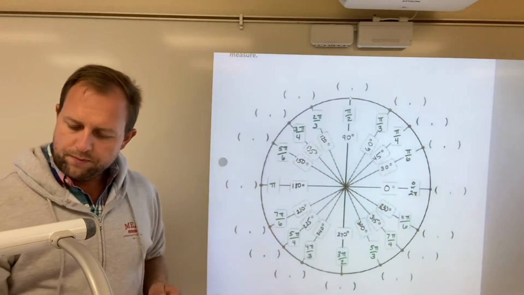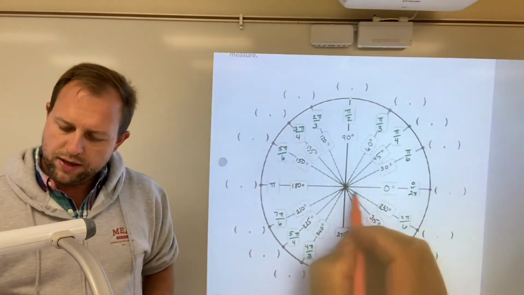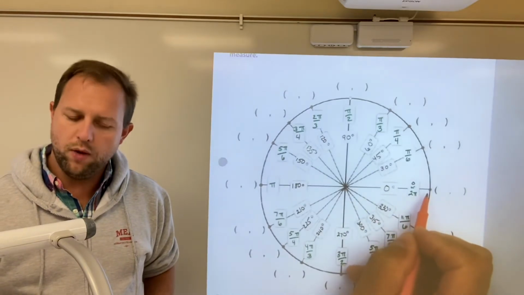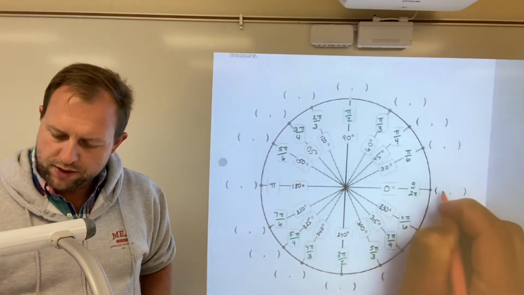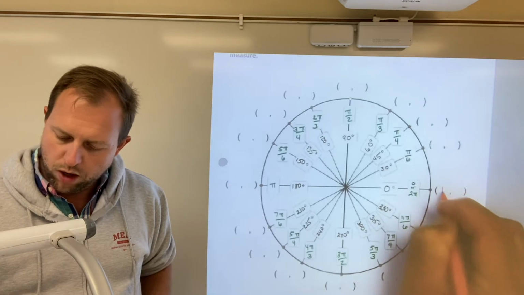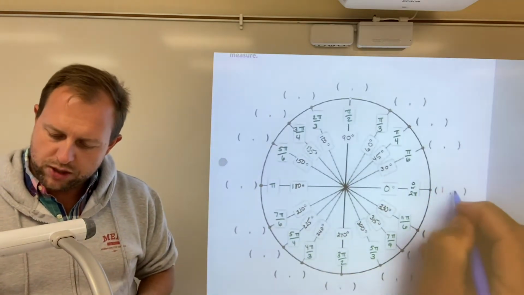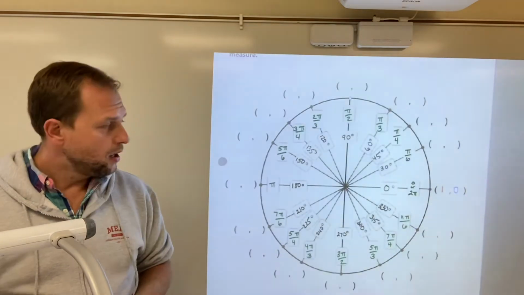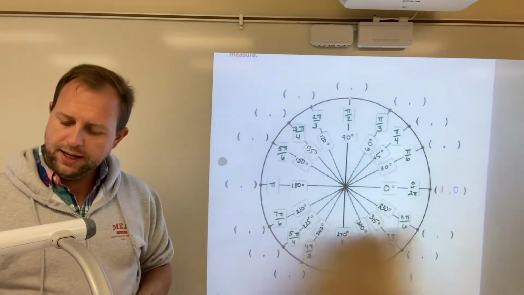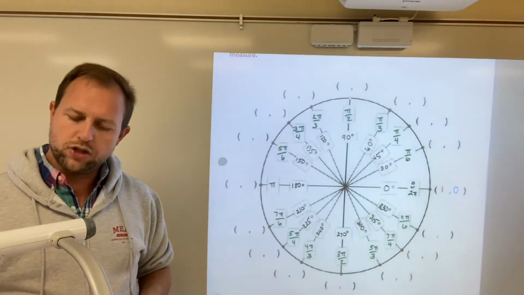So, with a unit circle, we're going out 1 unit. So the value at this first point is 1, comma, 0. I'm using 2 different colors here. That's because each of these are a different trig function.